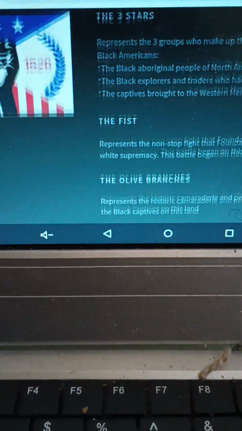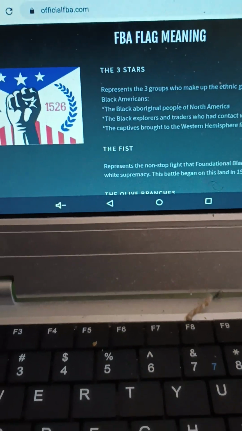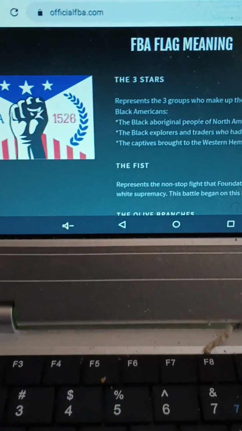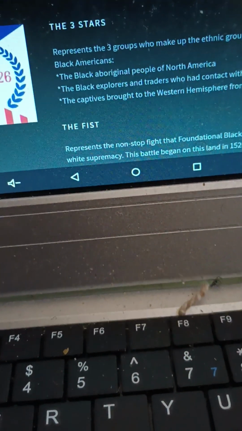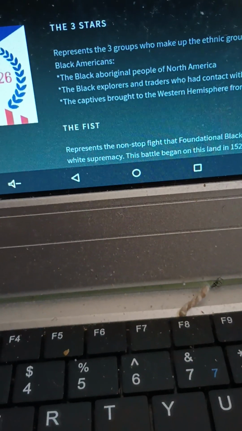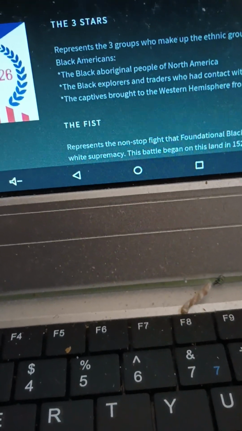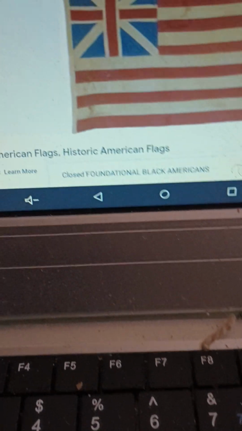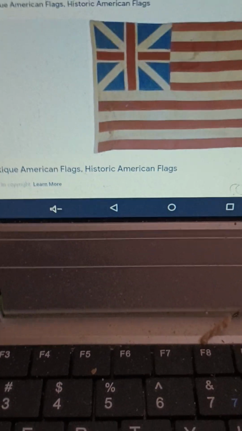You might as well not have even used anything like the American flag, in my opinion. Now, closing this out. Again, the first American flag, or first official American flag.